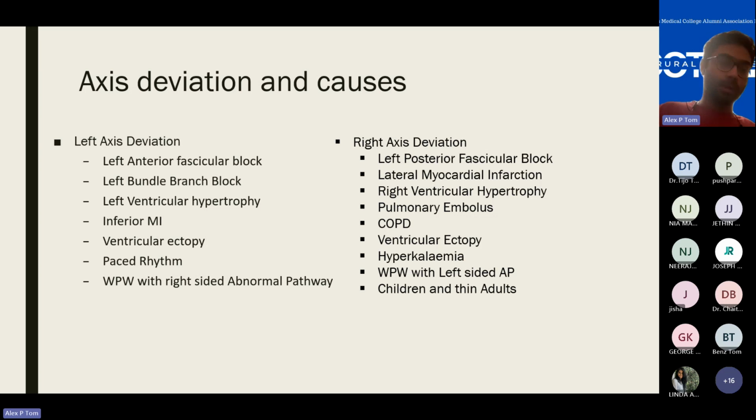Just by saying there's a left axis deviation, you can't make any of these diagnoses, but these things should be at the back of your head when you see an ECG with a left axis deviation or a right axis deviation, so that it will aid in your diagnosis. It won't make a diagnosis, it will just aid in your diagnosis. That's all.